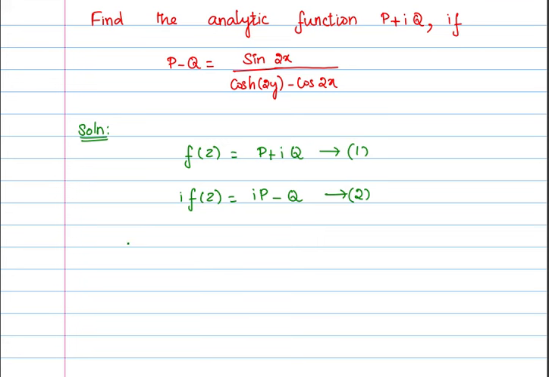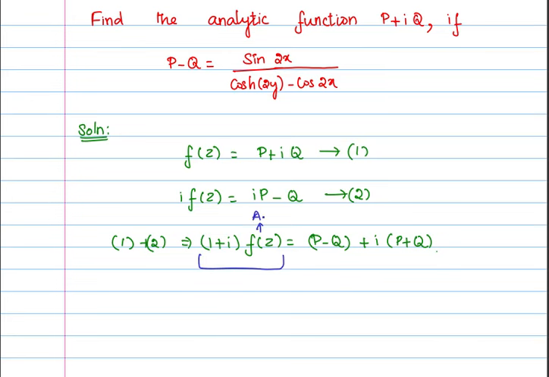Now add 1 and 2. One plus i times f of z equals P minus Q plus i times P plus Q. Clearly this is an analytic function, since f of z is analytic, and 1 plus i is a constant, and a constant times an analytic function is again analytic.